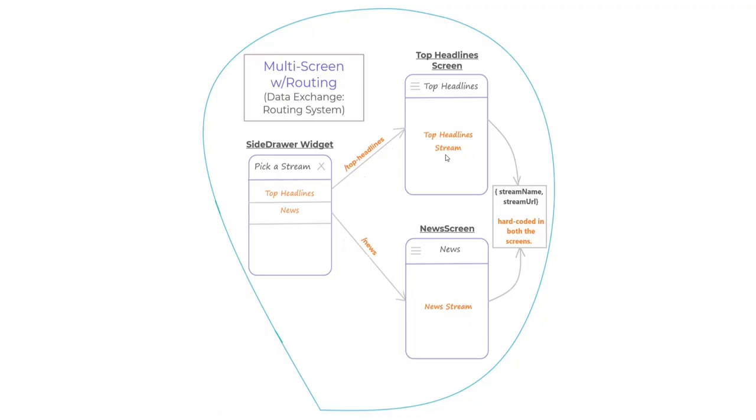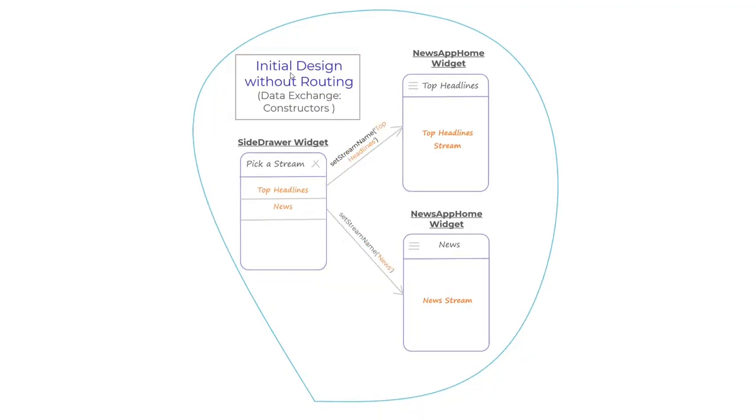Then we switched to the multi-screen design with the two streams being independently managed in two different screens, the top headline screen and the news screen. So in this design, there was a decoupling between the widgets. So there was no explicit exchange through the constructors like in the initial design, where the method reference was passed in by the news app home to the side drawer through the constructor.